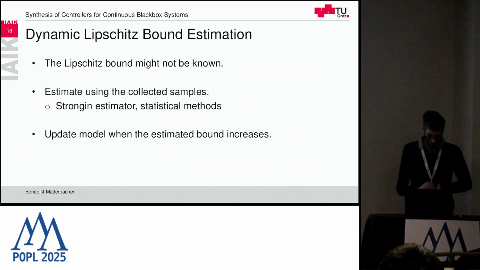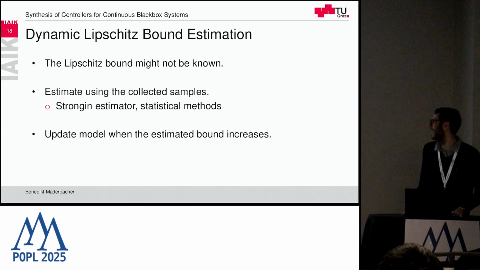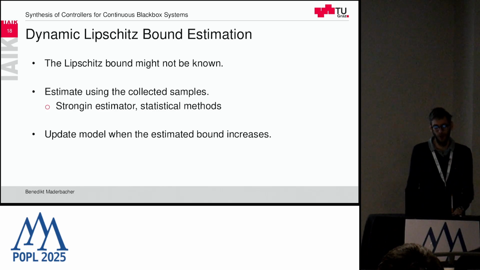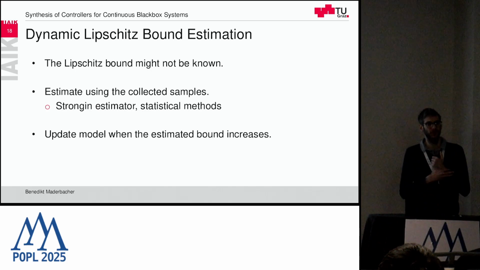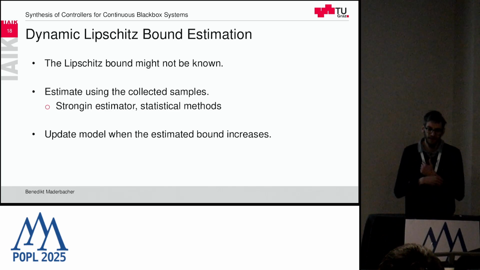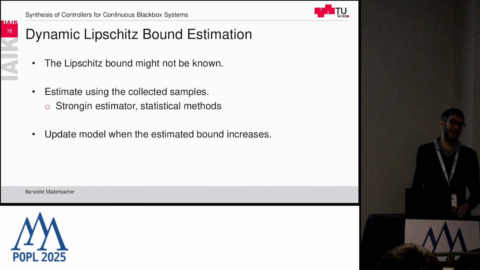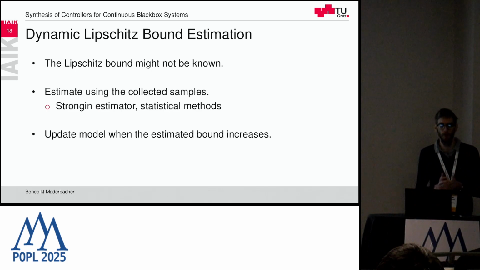Yes. I actually had a slide in there, but I skipped it because of time. We proposed a way to dynamically find those Lipschitz constants. There are methods to take data samples, and you can get an estimate of what the Lipschitz constant is probably going to be.